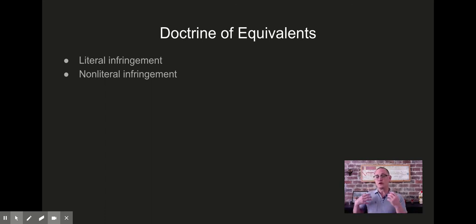And sort of looking at the patent document, practicing the patent document, but making a twist such that it's not exactly the same in an effort to avoid being infringers. And the concern is that allowing people to do that would essentially vitiate the meaningfulness of getting a patent in the first place. In other words, we don't want people to make trivial or meaningless changes and thereby avoid patent liability.